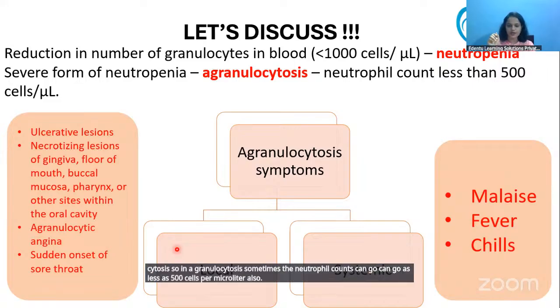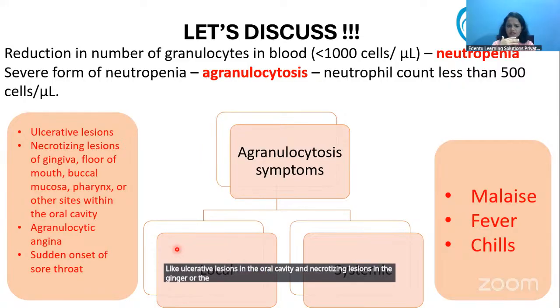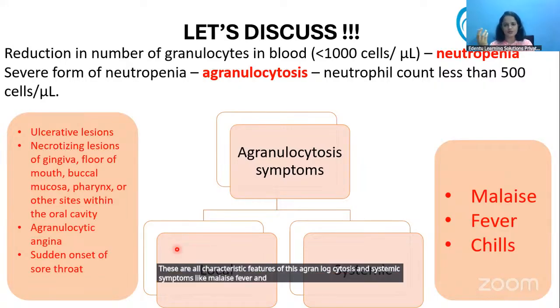It will cause both local and systemic symptoms: ulcerative lesions in the oral cavity, necrotizing lesions in the gingiva or the floor of the mouth or anywhere in the oral cavity, and agranulocytic angina. Such painful ulcers will be there, with sudden onset of sore throat. These are all characteristic features of agranulocytosis. Systemic symptoms like malaise, fever, and chills can also be seen.